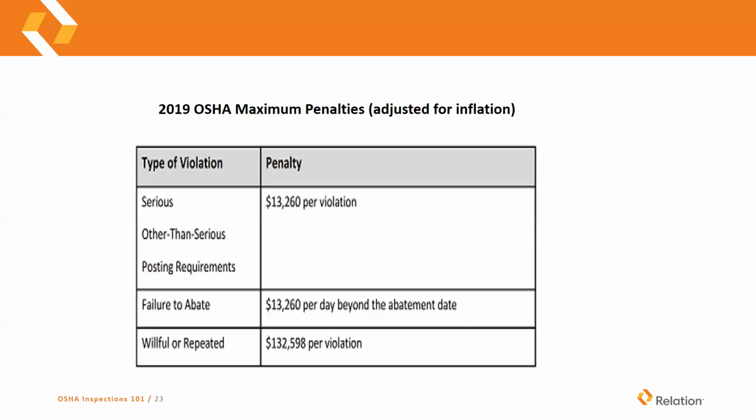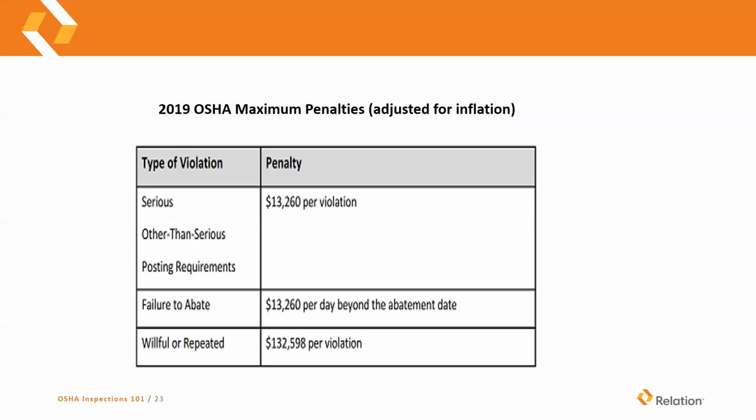So the 2019 OSHA maximum penalties, these are the most current that I have, and they have been adjusted for inflation. So for a serious violation, other than serious and posting requirements, the max penalty is $13,260 per violation.